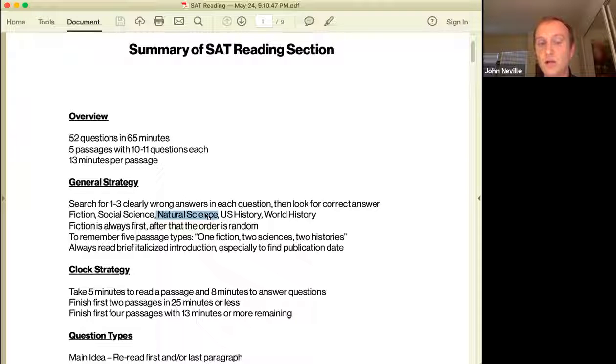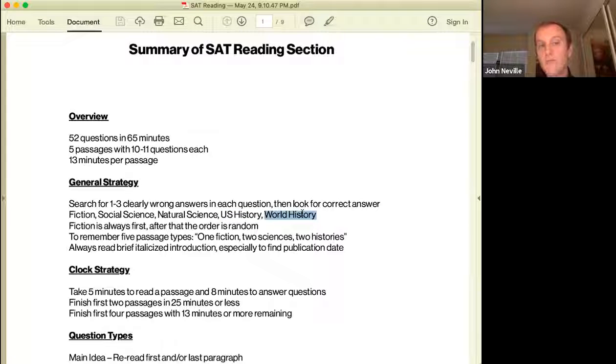They tend to include a lot of unfamiliar, technical terms. There's stuff about outer space that has a lot of weird terms, scientific studies. And then there is a US history passage, and then there is, in general, a world history passage.